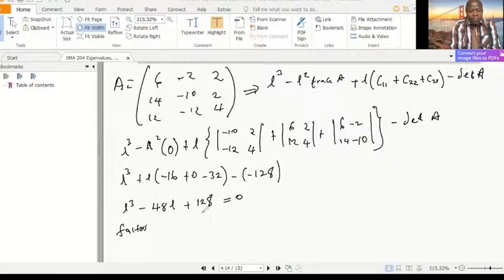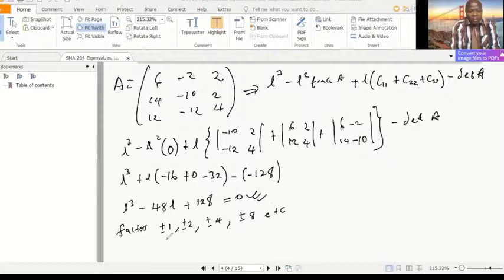The factors of this are just plus or minus 1, plus or minus 2, 3 cannot, so plus or minus 4, 4 can go there, 6 cannot, 5 cannot, so plus or minus 8, etc.